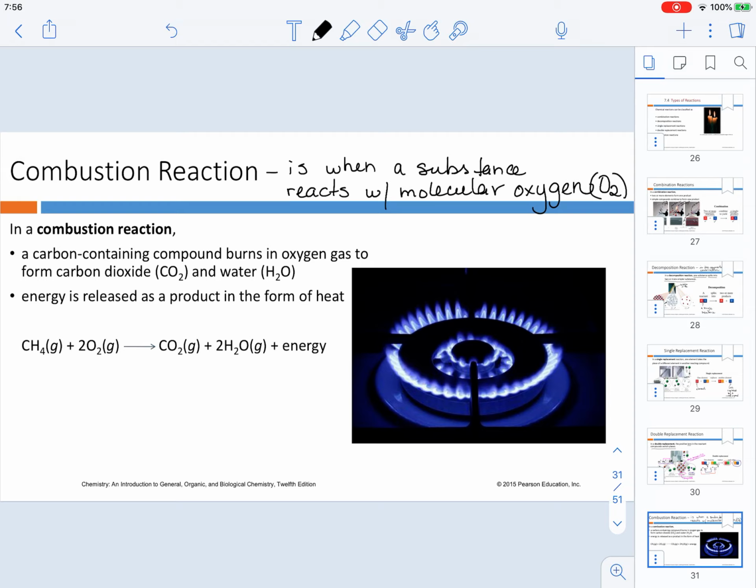Now, understand that there's a very specific parameter when it comes to combustion reactions.